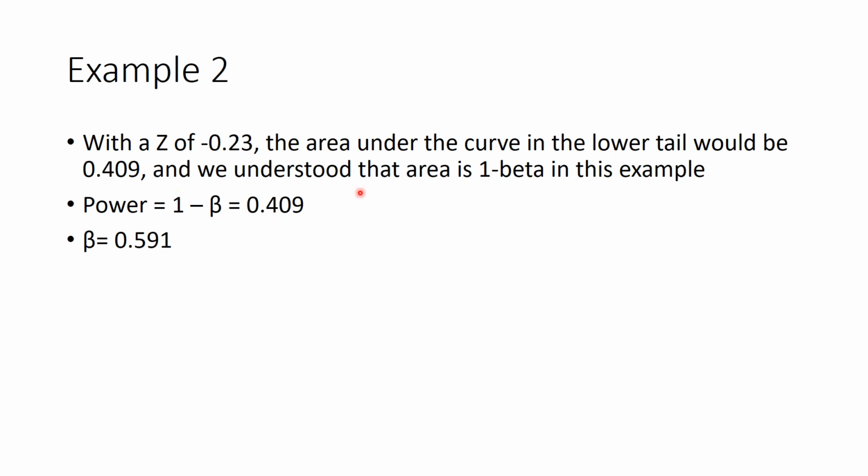And we understood that that non-shaded area is 1 minus beta, and the shaded area was beta. So basically this number is our power here. It's 1 minus beta is equal to this number. And our beta, the red shade under the red curve, was 0.591. This is our type 2 error, and this is our power in this example.